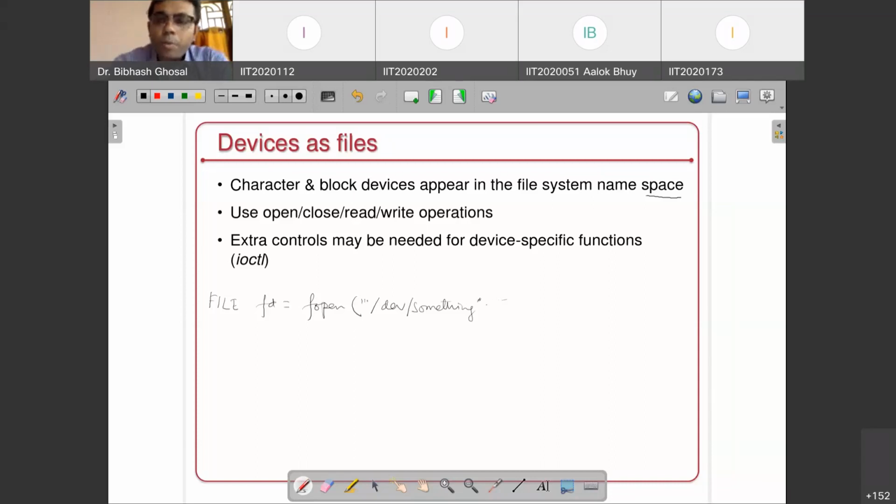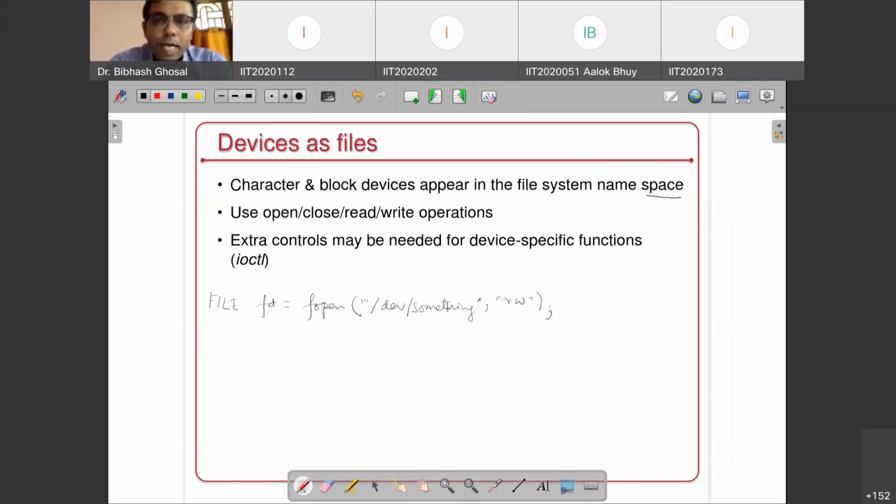I hope all of you remember this particular system call. It's a library call that tries to open a file, right? And we call this file open. So what we pass to this call is a string, which normally for a file happens to be the name of the file. But in this case, it's the device that we are trying to access. Look at this idea. The device here is being treated as if it were a file.